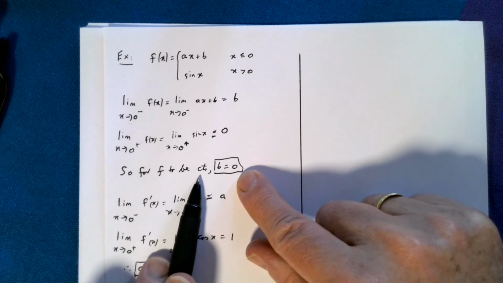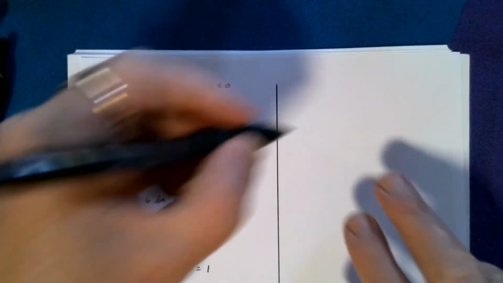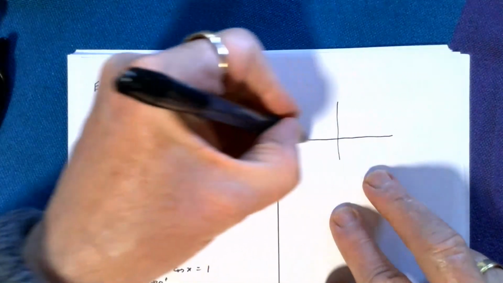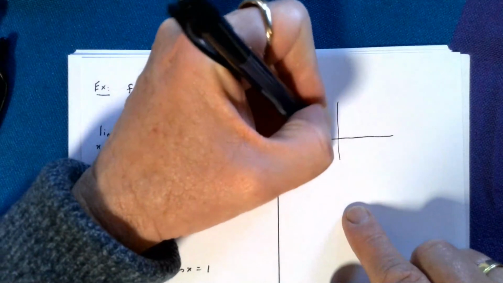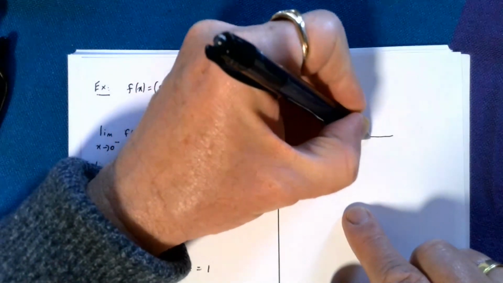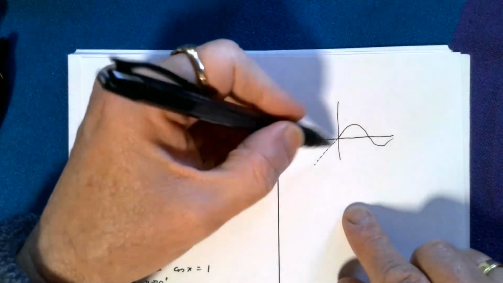Now we want to make sure it glues together smoothly. So we need to show that the gradients match. And again, before I do that, we might just look at a little picture here. So what we've got is, we now know b is 0, so this has to be a line. So here's the sine curve, and it's got to be some sort of line through the origin.